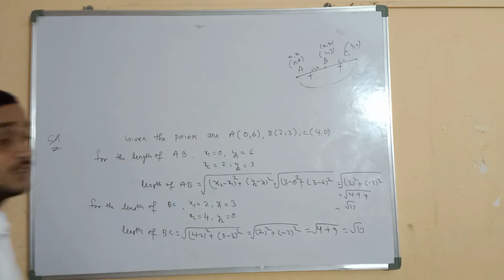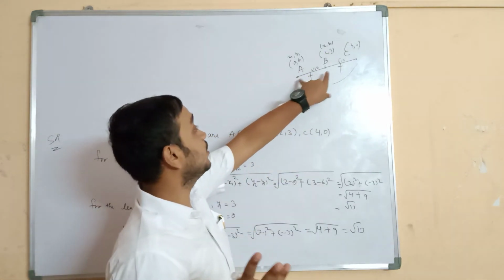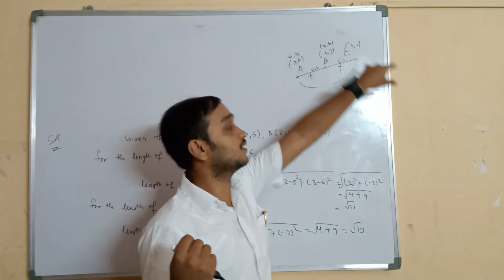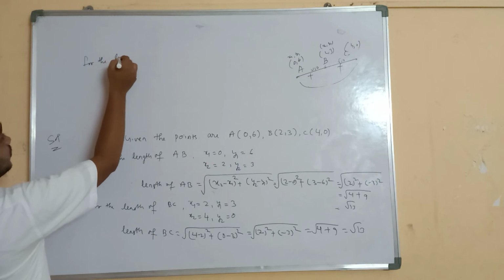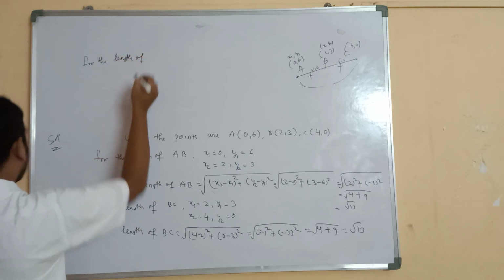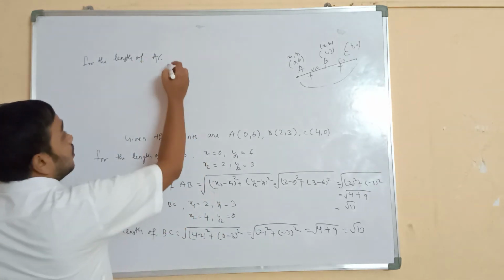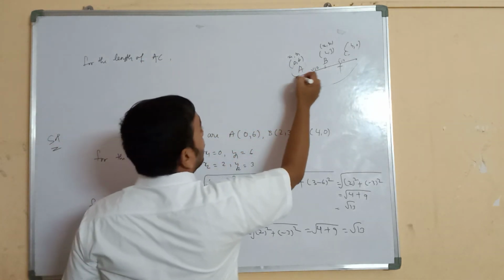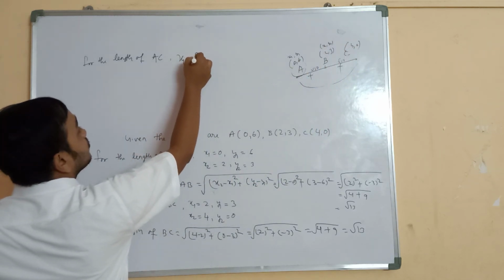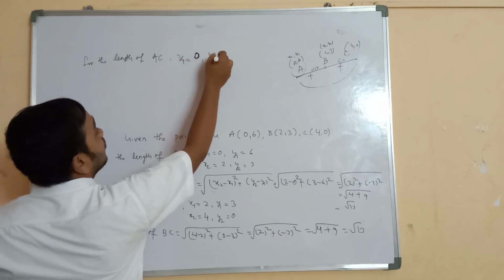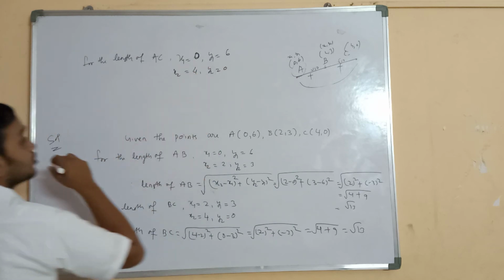Now we will find the length AC, because we have to find 3 lengths: AB, BC and AC, the total length. For the length of AC, x1 is equal to 0, y1 is equal to 6, x2 is equal to 4, y2 is equal to 0.